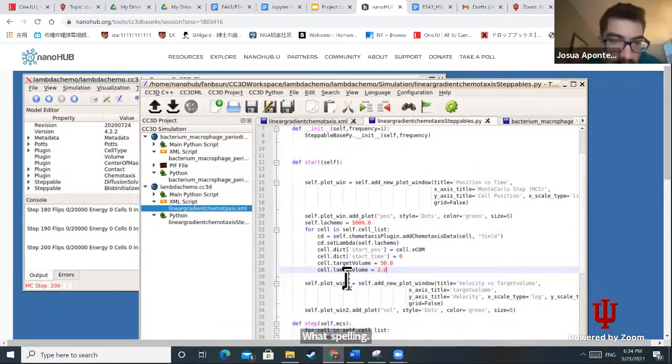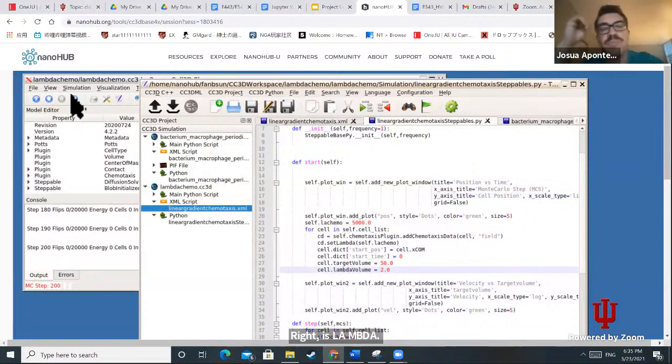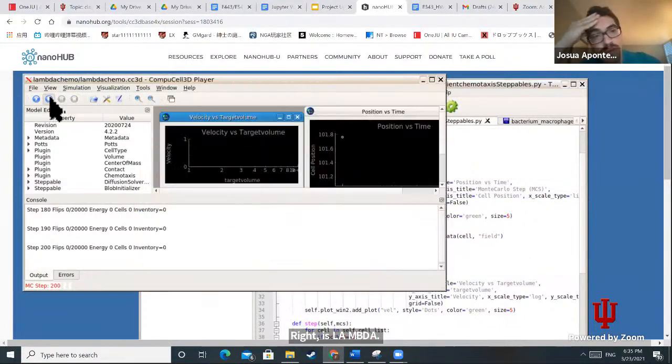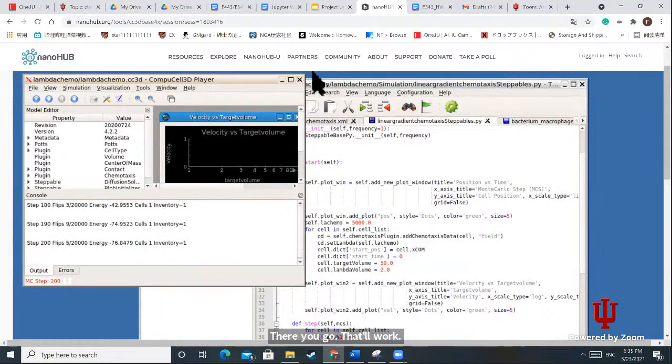Oh yeah, it's spelled LAMBDA. Okay, there you go. That should work. Okay, cool.